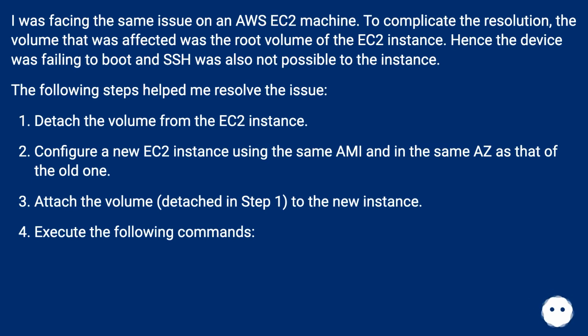Detach the volume from the EC2 instance. Configure a new EC2 instance using the same AMI and in the same AZ as that of the old one. Attach the volume, detached in step 1, to the new instance. Execute the following commands.